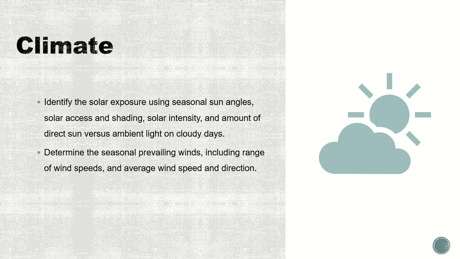The next one is climate. We need to identify the solar exposure using seasonal sun angles, solar access and shading, solar intensity, and amount of direct sun versus ambient light on cloudy days. Also, to determine the seasonal prevailing winds, including range of wind speeds and average wind speeds and direction.